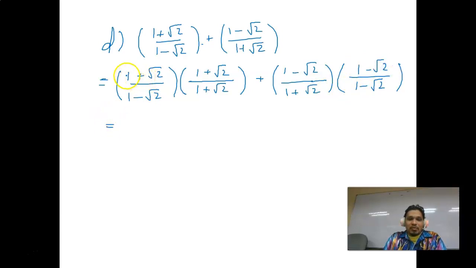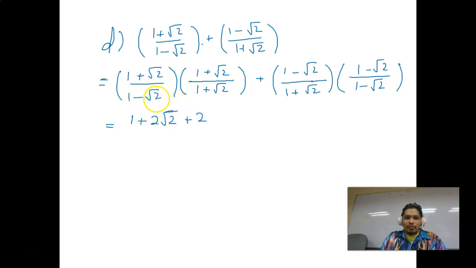So you can see here 1 plus square root of 2 multiplied with 1 plus square root of 2, and this multiplied with this conjugate. Okay, so 1 times 1 equals 1, and then 1 times this square root of 2 and another square root of 2 comes up with 2 square root of 2, plus square root of 2 times square root of 2 equals 2.